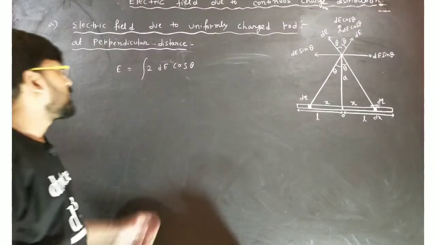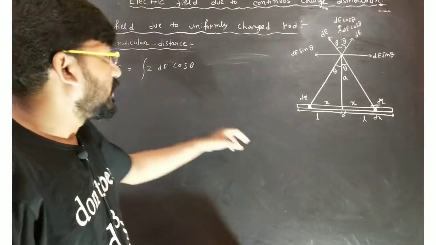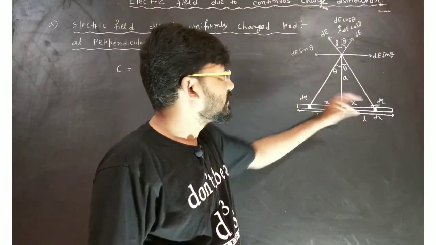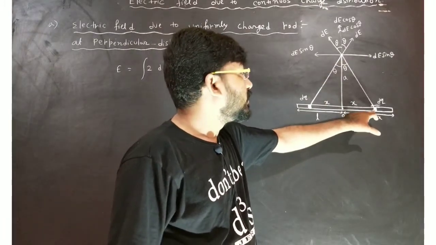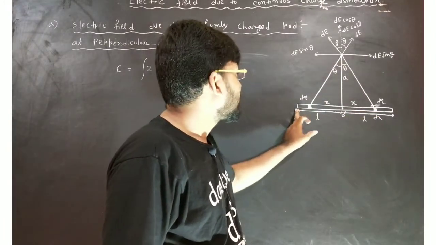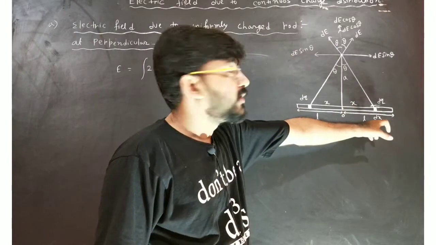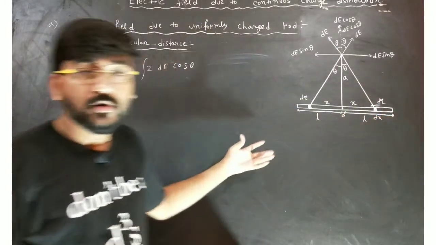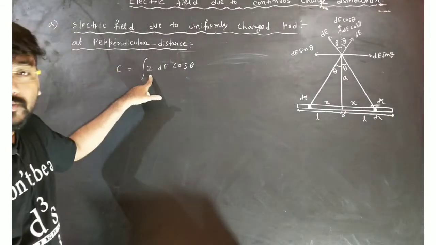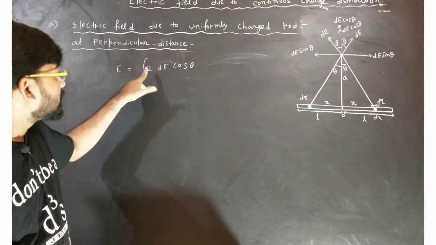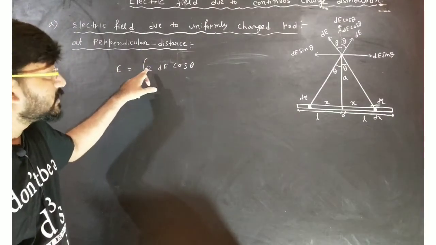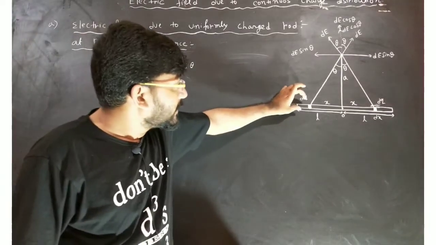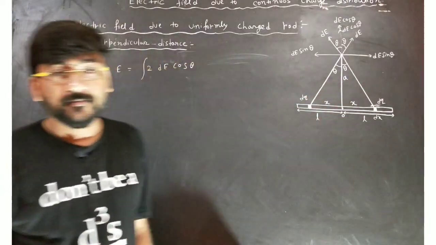And as we have taken 2 dE cos theta, with dq on this side and this side also, we don't need to vary x from minus L to plus L. If we vary it only from 0 to L, then the whole rod will be covered. Why have I taken this 2? Because I have taken two similar dq from both sides.